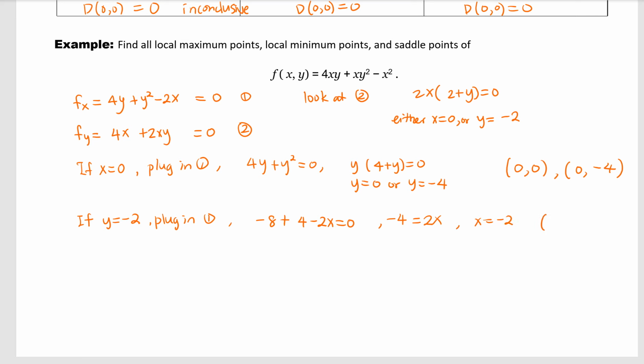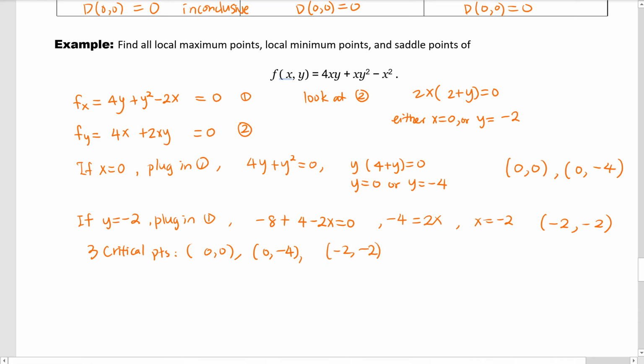In this case x is minus 2 and y is minus 2, so we get one point. So we get 3 critical points: (0, 0), (0, minus 4), and (minus 2, minus 2).